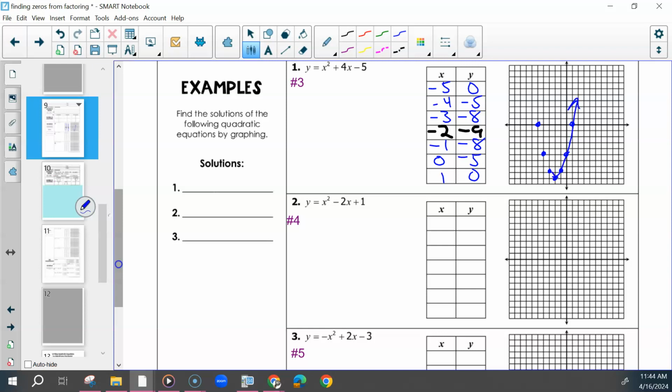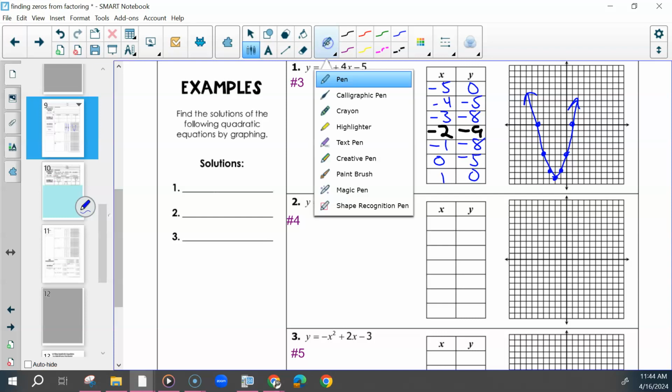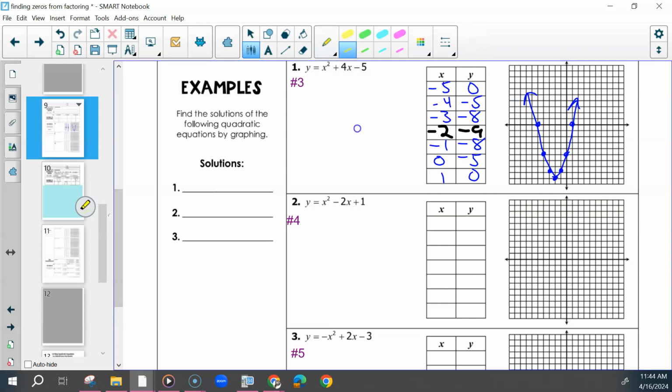So it should look something like this. Mine looks a little bit like a V. It should be more U-shaped, but I'm going to highlight the X and Y axes just so we can see it up here a little bit better.